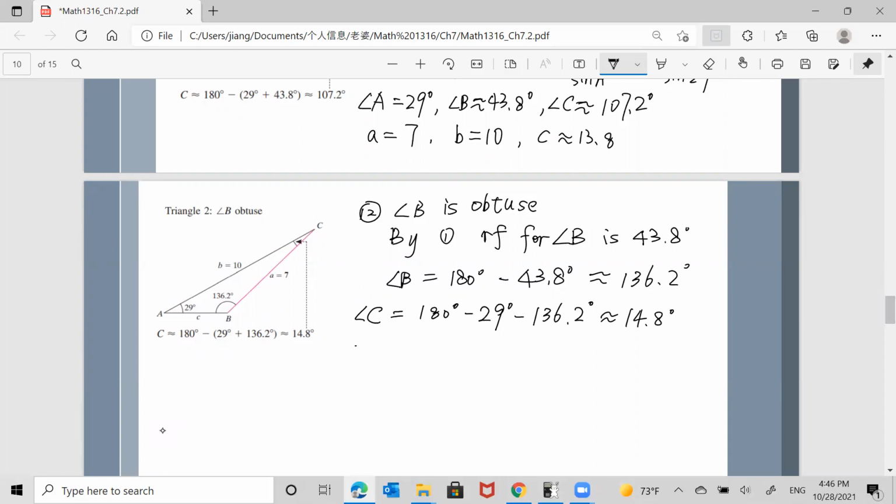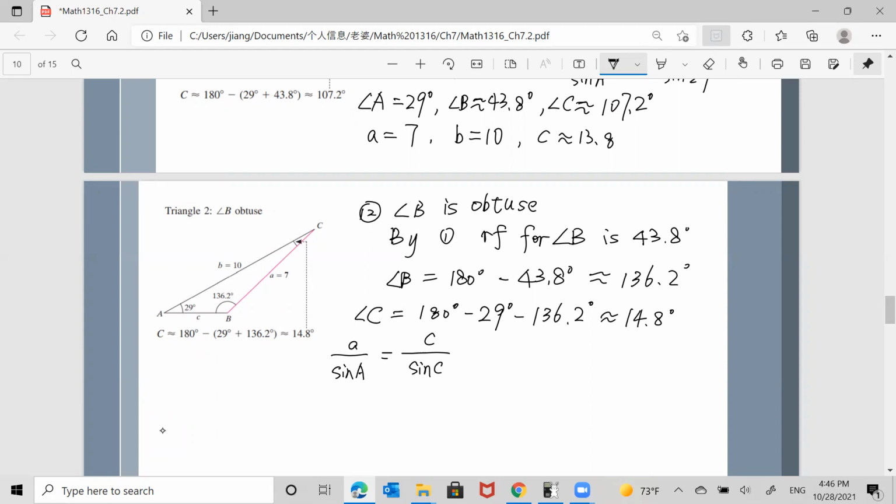And A over sine A equals C over sine C. So we know the sine C because sine 14.8 is easily found from the calculator.